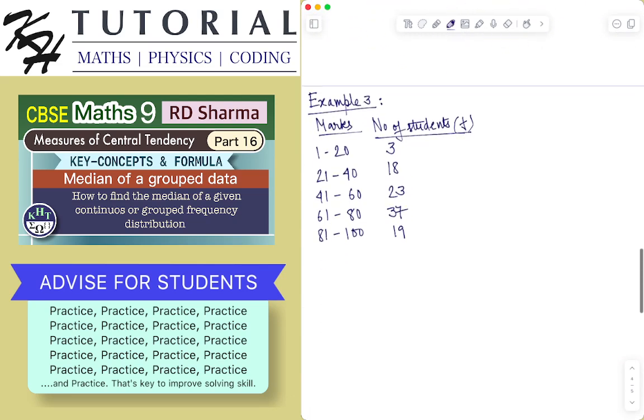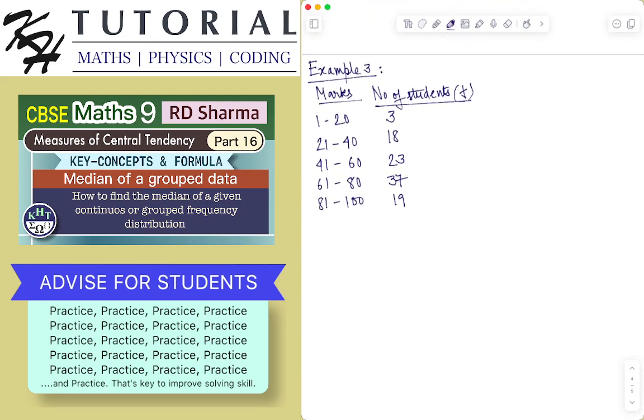Okay, so in this example we can see that the class intervals are discontinuous because the upper limit of any class interval is not equal to the lower limit of the next class. So in step 1, we have to first convert the class intervals into the exclusive form, or the continuous form.